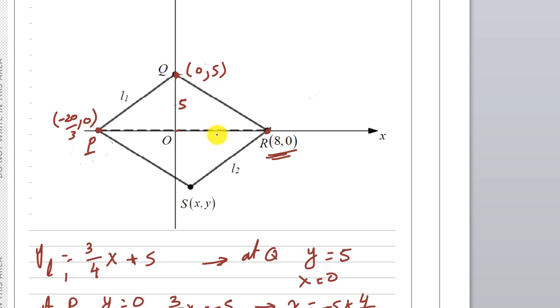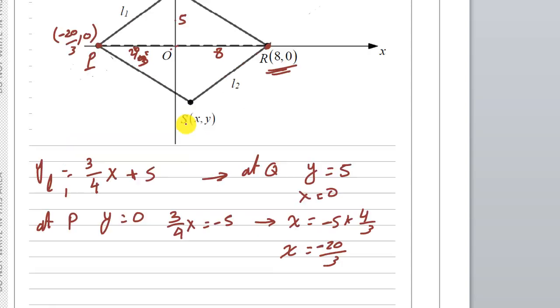This part is 8, and this part is 20 divided by 3. So half base multiplied by height gives me this triangle. This triangle multiplied by 2 will give us the whole parallelogram.